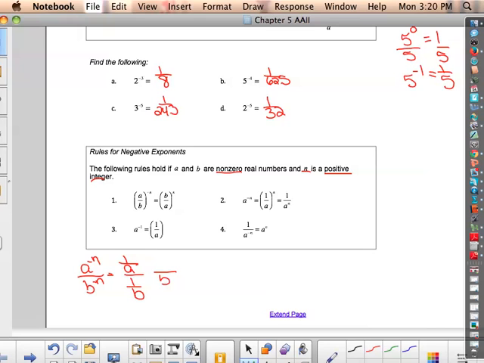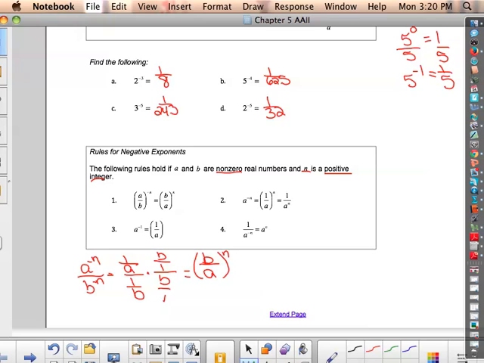That gives me that complex fraction, which I don't want. So I'm going to multiply by the reciprocal, which gives me b over a. And so that's how I get b over a to the positive n. So you can just flip that a and b and take away the negative symbol.